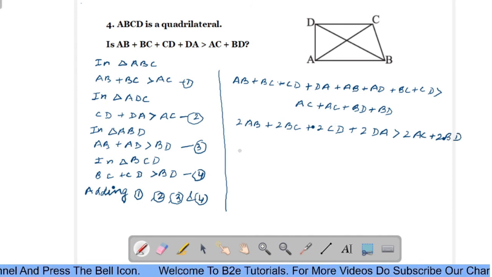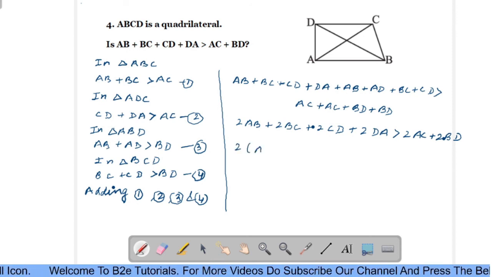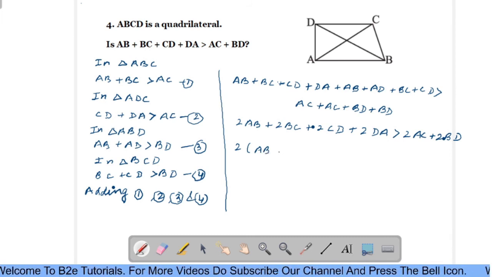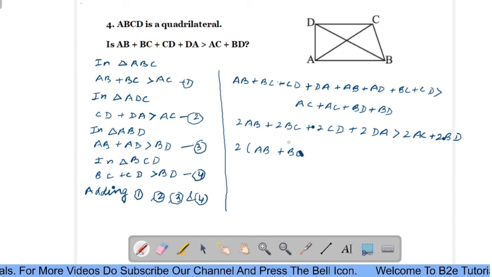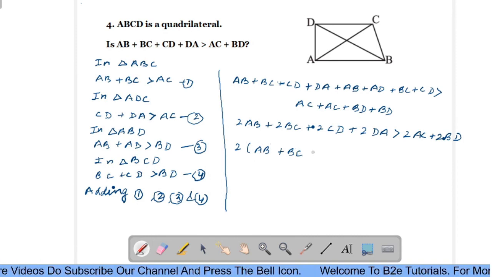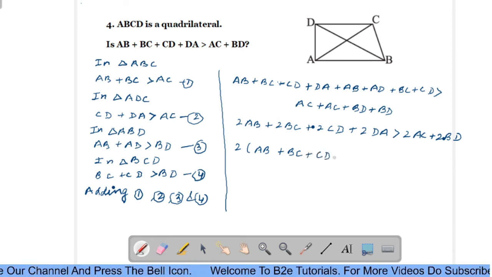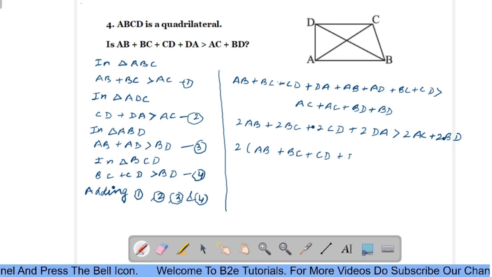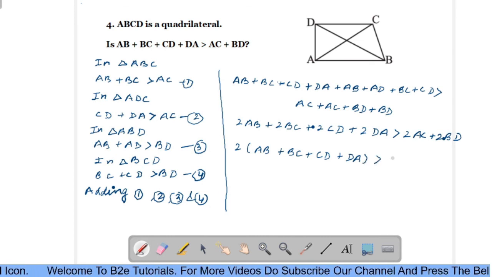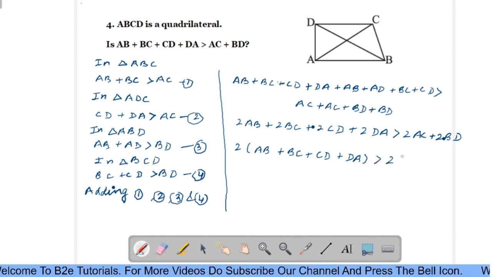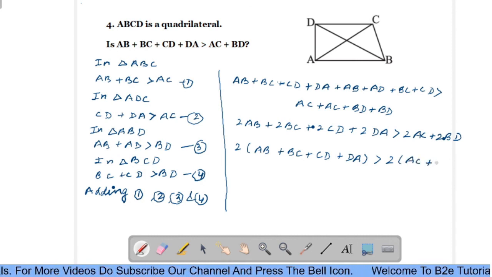Take 2 common in the left hand side. It is 2 times AB plus BC plus CD plus DA is greater than, again take 2 common in the right hand side, it is AC plus BD.